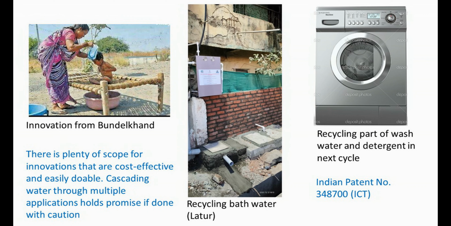And of course these companies who sell detergent won't like it because they want to sell. But for the larger good of the environment, can you imagine what would be the implication of this? So just keep that in mind.